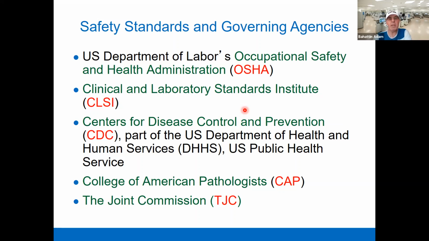Some of them establish safety standards, and some of them govern these standards. Whether we follow these standards or not, they should govern all the clinical laboratories in the US.